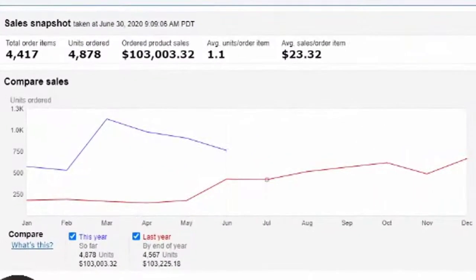If we look at what we have done year to date, this year we've done $103,003.32. Now here we are at the end of June, so we're halfway through the year, and we have already matched what we did for the entire year last year. Pretty much.